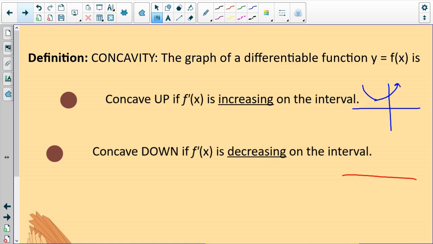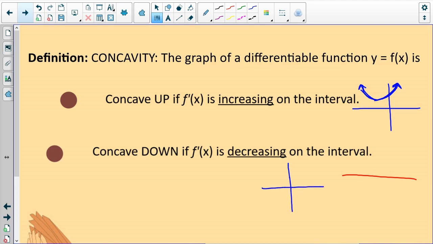Likewise, if my function is increasing, that means my slopes are getting more steep. So in either case, if I'm decreasing, my slopes are leveling off and getting closer to zero. If I'm increasing, my slopes are getting bigger, steeper. Notice that this is a graph that is concave up.